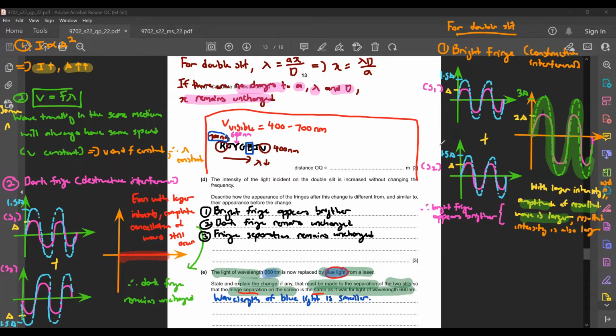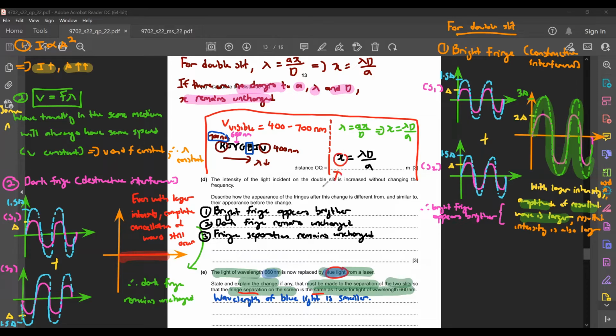Now they want your fringe separation to remain the same as before, even though you decrease the wavelength of light. So here you can probably say something like this. If you know that lambda is ax over d, then x is lambda d over a. You want x to be constant. So let me just rewrite this: x is lambda d over a.